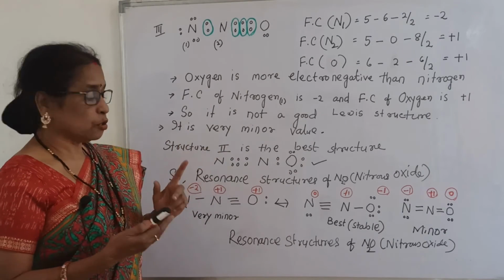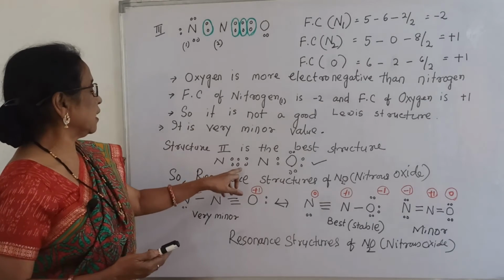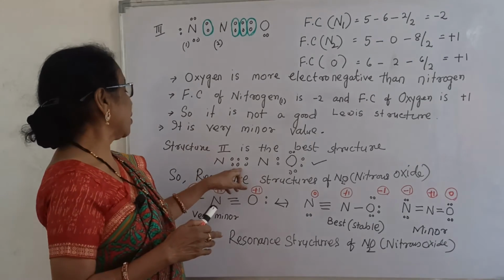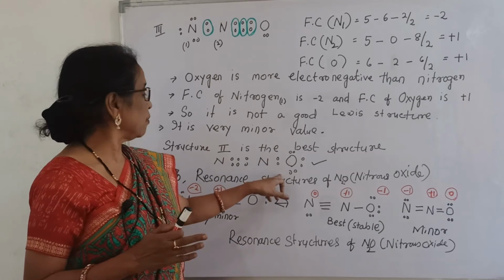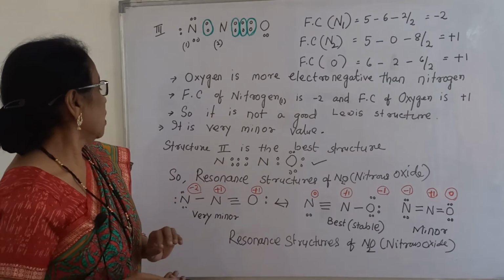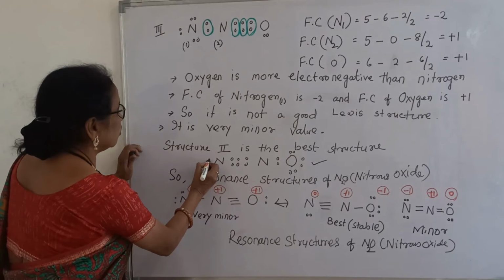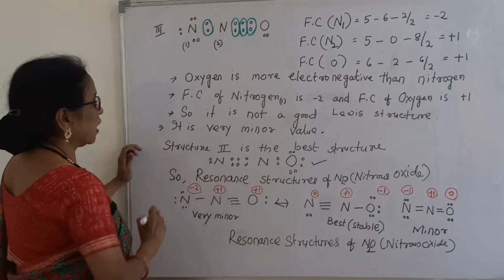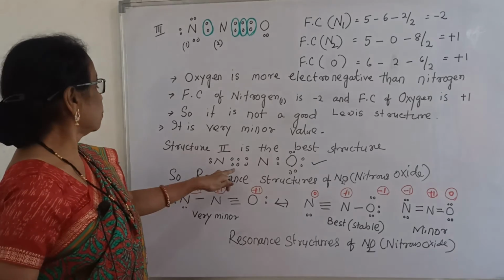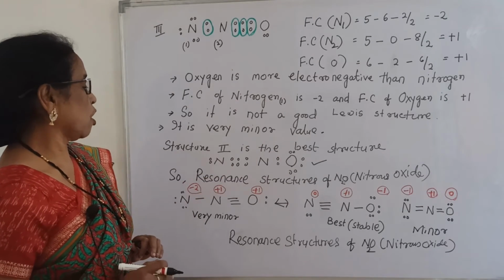Then what is structure 2? Remember, nitrogen 3 chemical bonding, nitrogen 1 chemical bonding, and so this is the best structure. Here 2 electron pairs we should write. So here it should be the best structure.